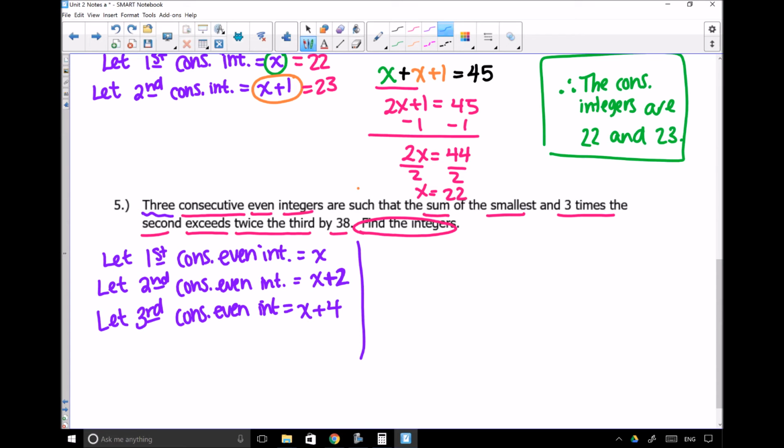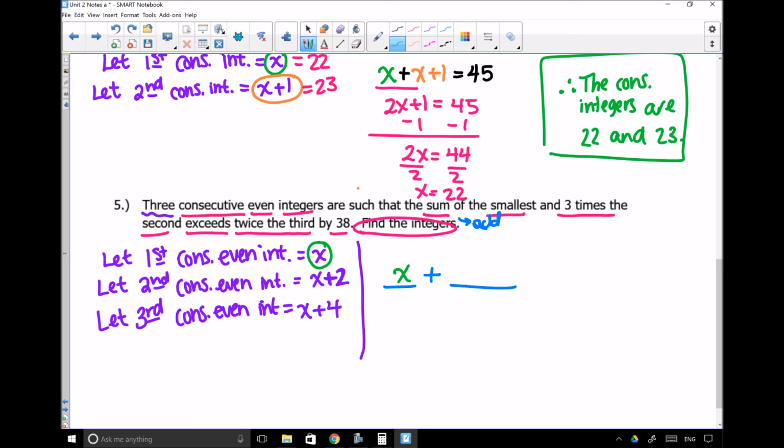Our equation is a little bit tricky, but again, we're going to take it little by little. So it says 3 consecutive even integers are such that the sum, so sum means to add. So I'm going to add 2 things together. The sum of the smallest, so the smallest right here is going to be x. That's my smallest.